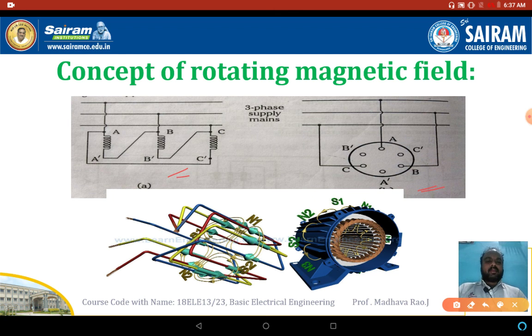Here A, B, C are the three windings, connected to the three-phase supply.